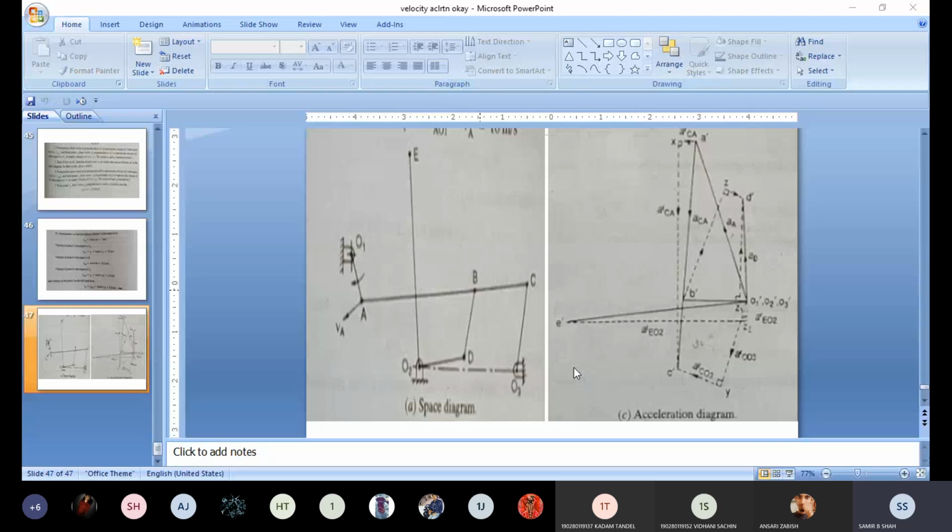A dash B dash by A dash C dash is equal to AB by AC, capital AB divided by capital AC.